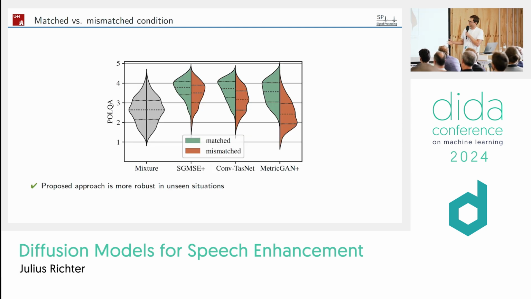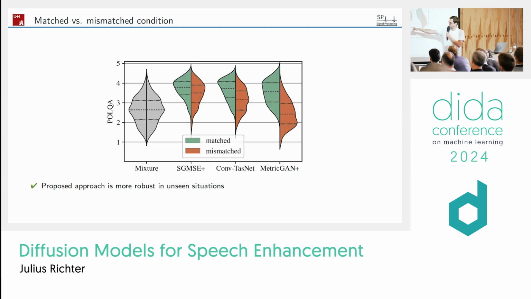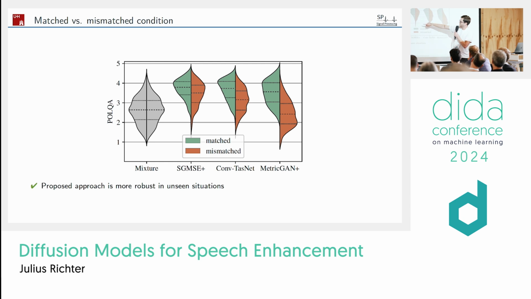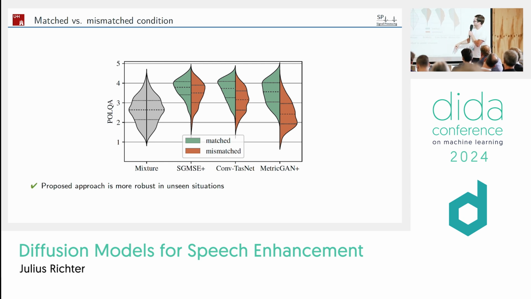And you can also plot the distributions, for example, of speech quality as violin plots, and these violin plots basically show the distributions over these MOS scores. And what you want to see is a very symmetric violin. So you have the matched case on the left side and the mismatched case on the right side. And so the distributions are a bit skewed always.